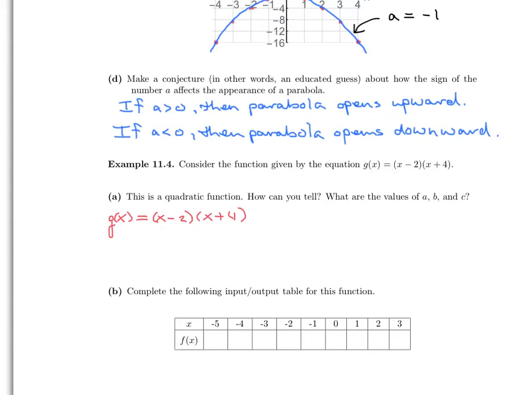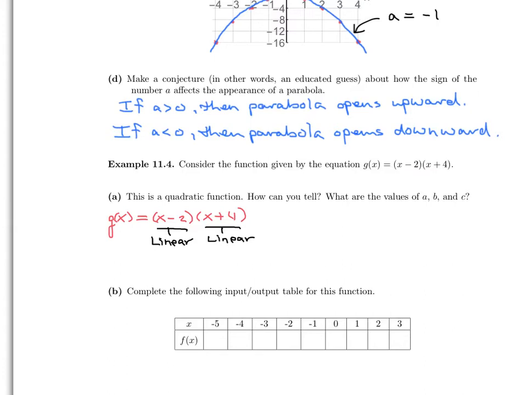Well, first of all, notice that this function is a product of two linear functions. This is a linear function, and this is also linear. And one of the things we said in our earlier screencast is that quadratic functions are formed by multiplying together two linear functions.